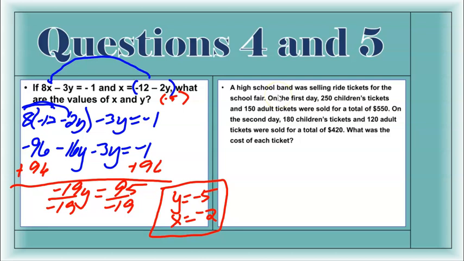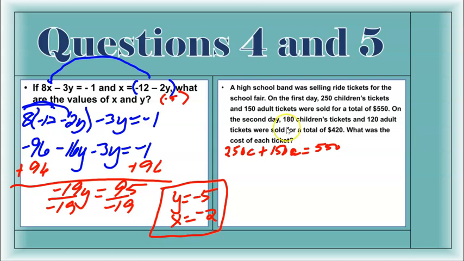So on the first day, they had 250 children's tickets plus 150 adult tickets, and that gave us a total of $550.